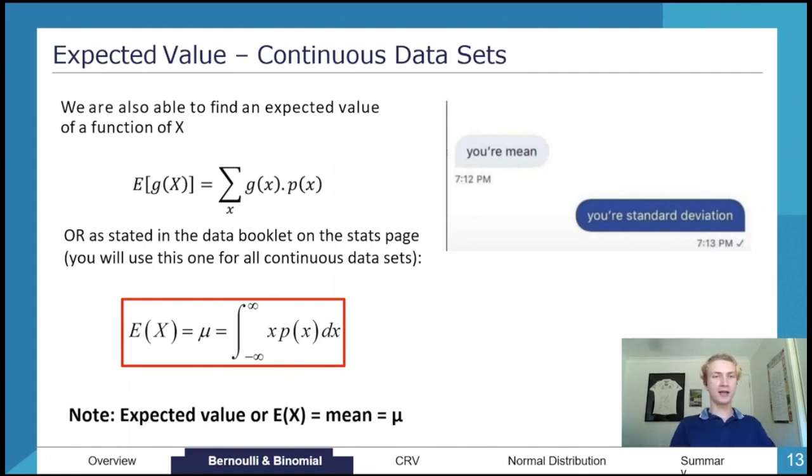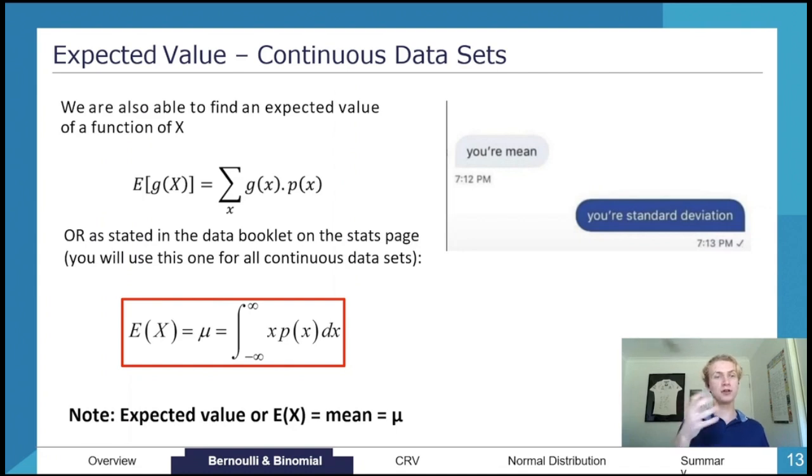So let's say we have heights of males or females, and we were trying to find the probability that the height of a random student selected, random variable X, will be between 1.6 and 1.8 meters.